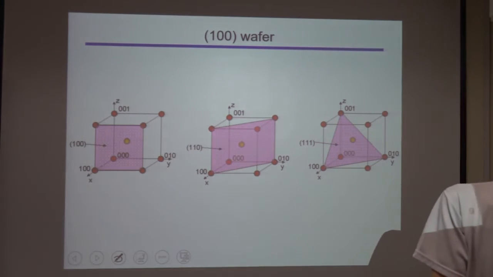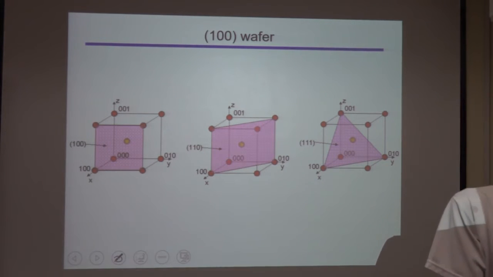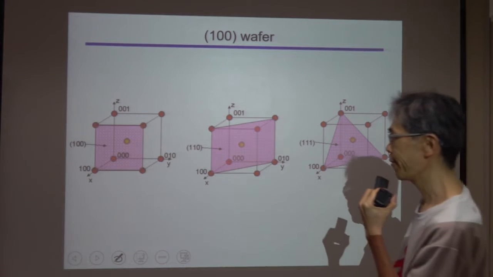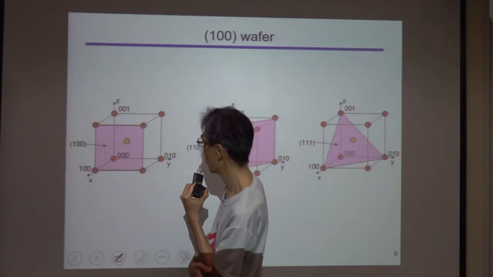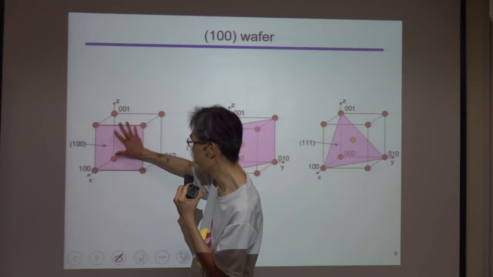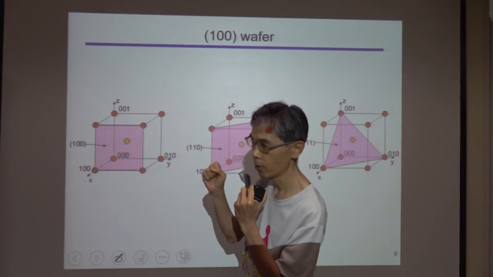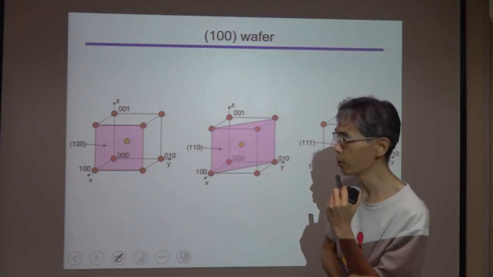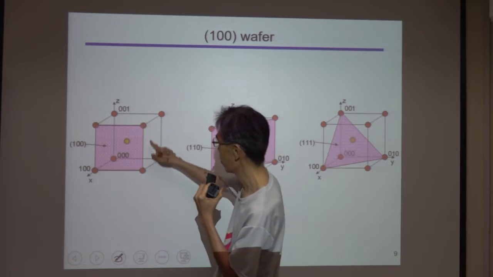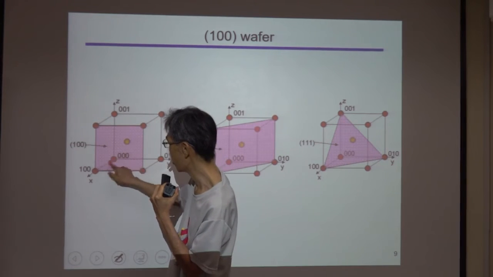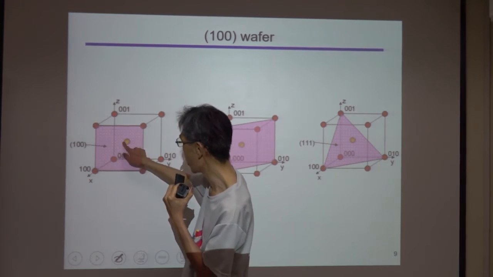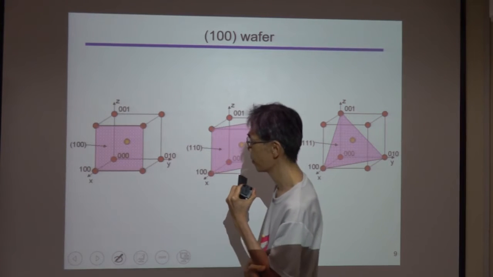Remember we talked about the cubic crystal. For silicon, we can use this simple model to show the silicon crystal. We have 4 atoms at the edge and 1 atom at the center.